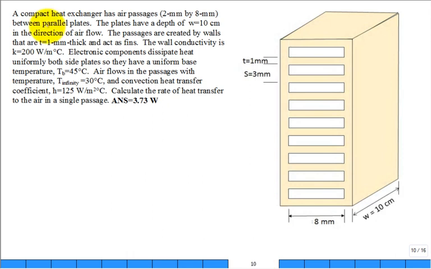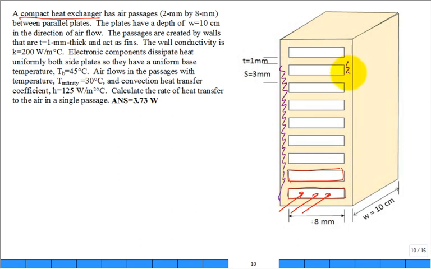A compact heat exchanger, and that compact heat exchanger has a bunch of rectangular passageways through which the air flows. All right? So it has a bunch of rectangular passageways. The deal is they have a heat source over here on this side to keep this side all at the constant base temperature.